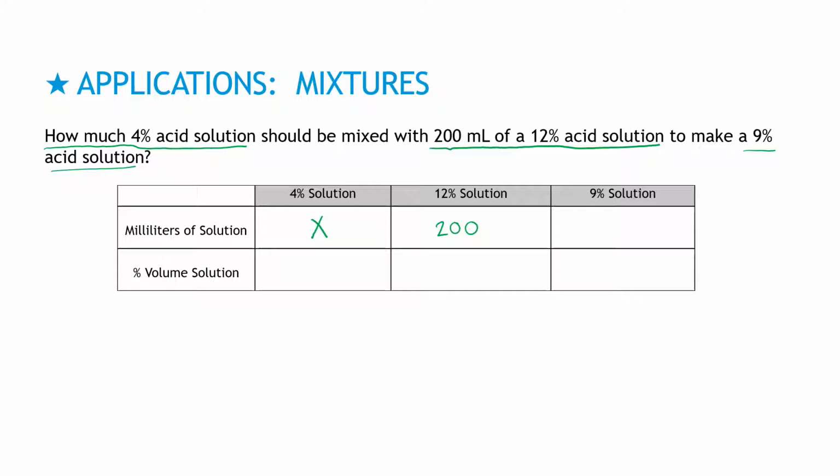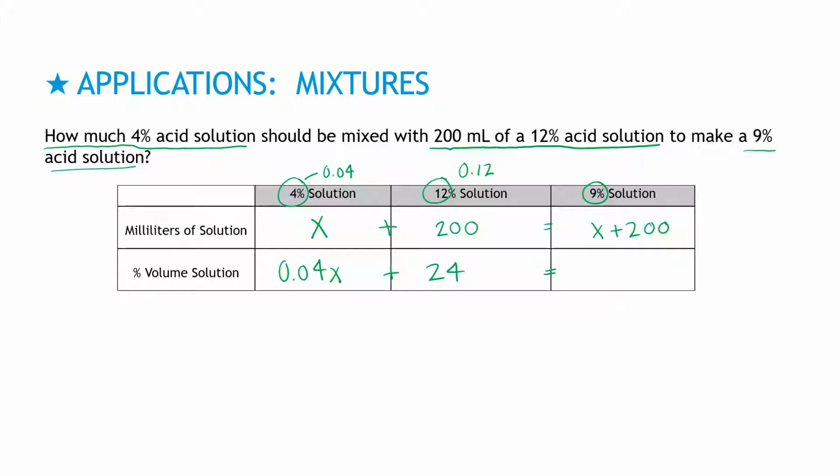They don't tell me how much, but I know if I add those two together, because obviously I'm just combining them, I would get x plus 200. And then I'm just going to multiply those values by the percent solution. So this is going to be 0.04x, again 0.04, not 0.4, that would screw it up. This would be 0.12, so 0.12 times 200 gives me 24.